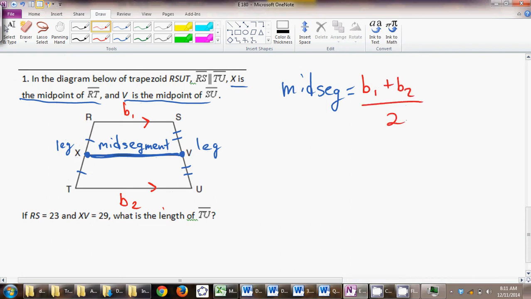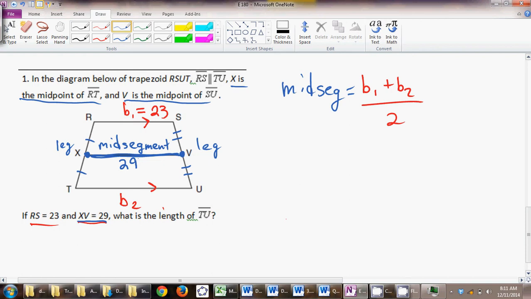So hopefully they tell us something about the bases, and in fact they do. RS, base 1, which I just decided to call it, is 23, and XV, our mid-segment, turns out to be 29.